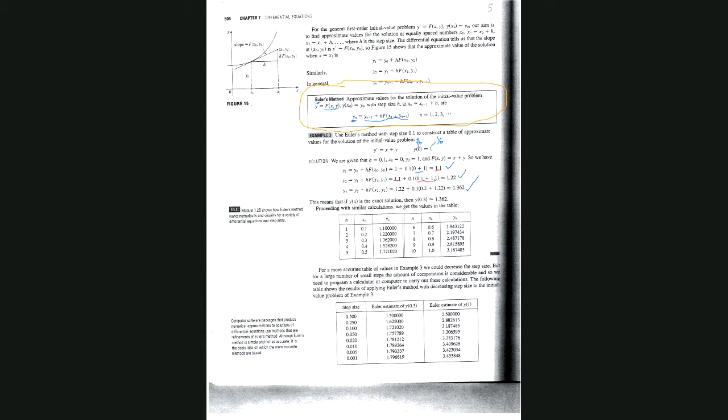So you have 0, you have 0.1, you have 0.2, and so forth.